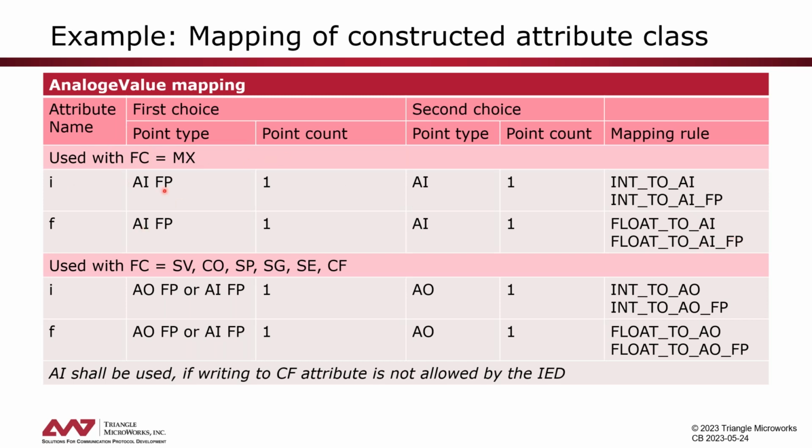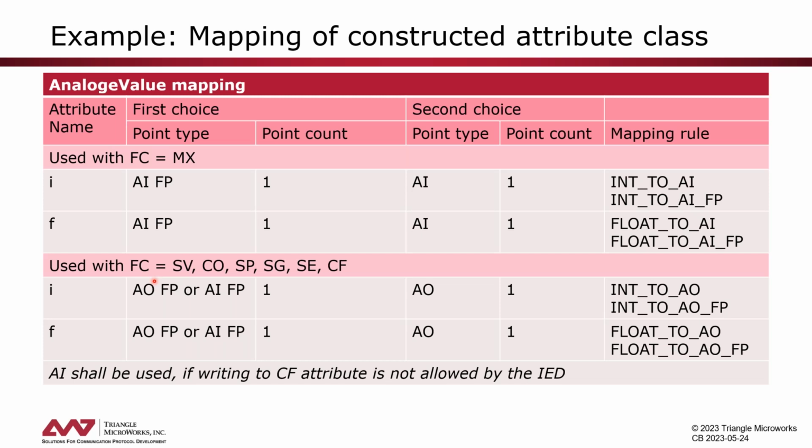This mapping is applied when we have the analog value in a data attribute that is a measurement. If you have the analog value in a data attribute that is like a configuration attribute or a setting, set point, then we would preferably use analog outputs, as we can, in that case, also write the values.